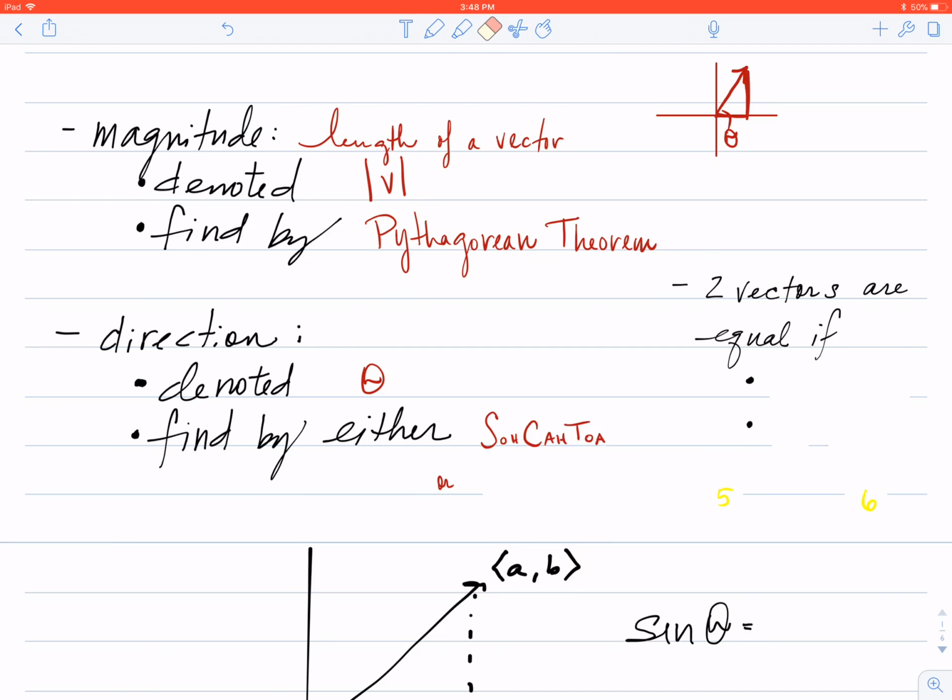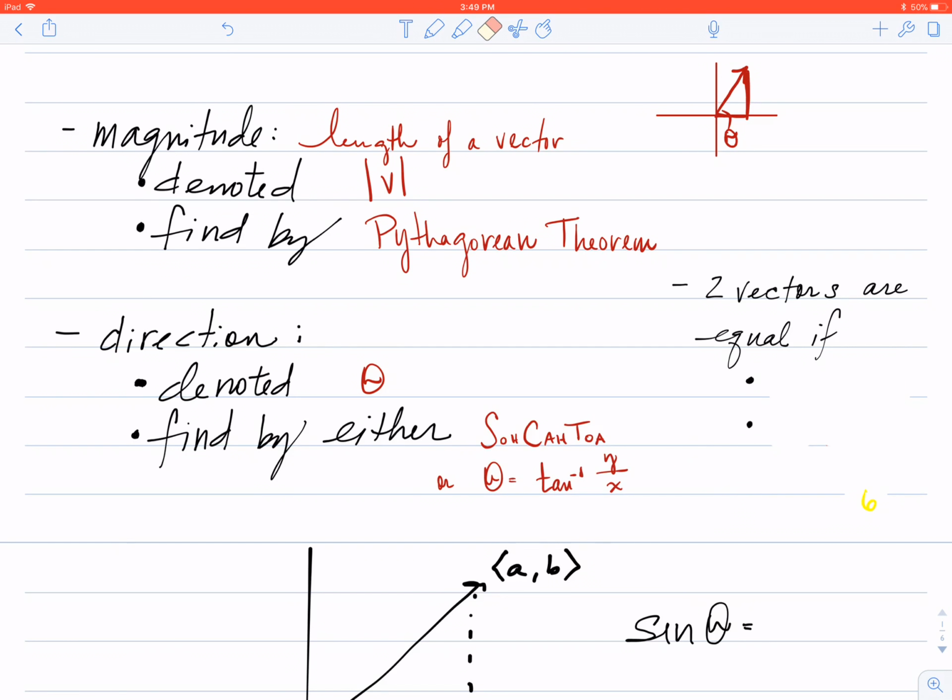If it's a value that's not on the unit circle, well, think about what finds angles. We know that inverses find angles. We could use sine inverse, we could use cosine inverse, but since I know what the two legs are, the x and the y value, the a and the b value, then I could use the tangent inverse because the tangent inverse uses both x and y.